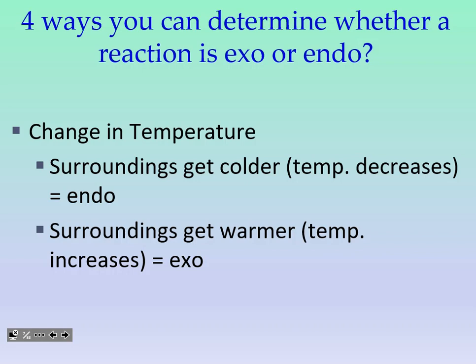That's going to be endothermic. So a decrease in temperature is endothermic. An increase in temperature is going to be exothermic. Those show up mainly in calorimetry problems, but that's also a way to tell whether it's endo or exo. So don't forget that. We always like to connect everything, and that's an important one to connect here.